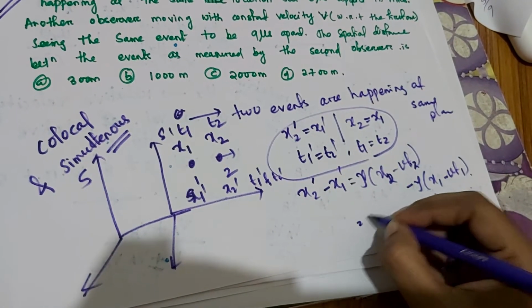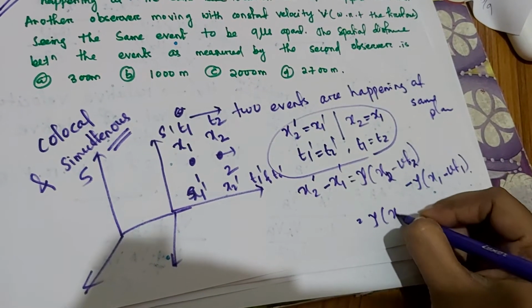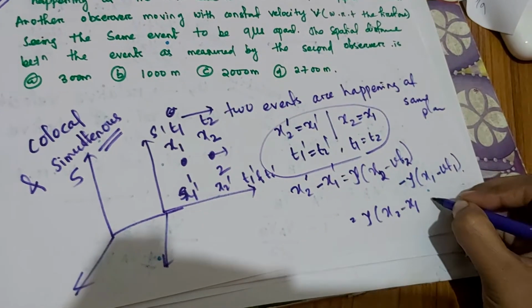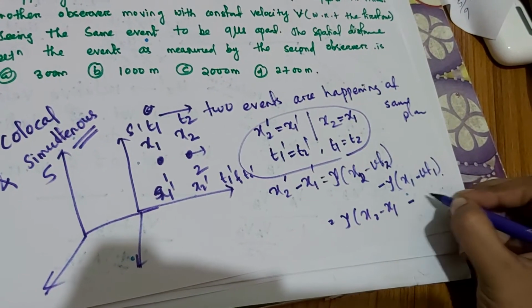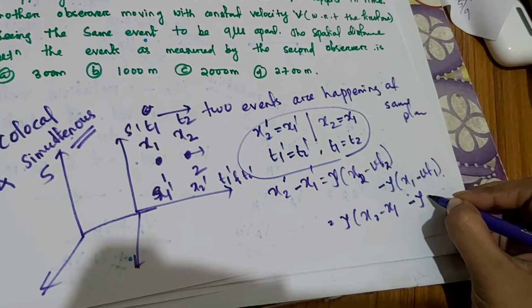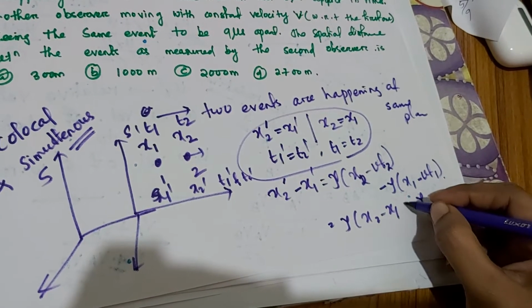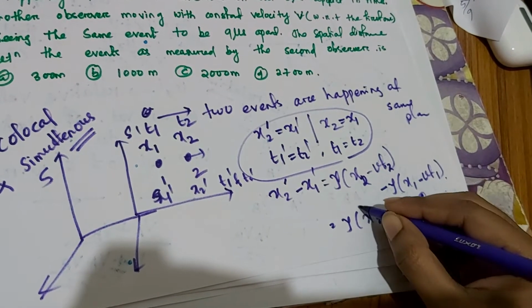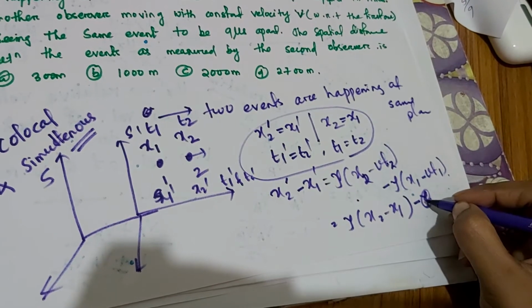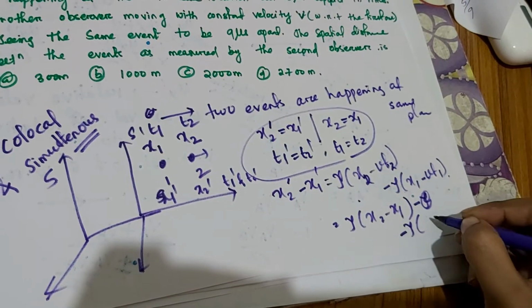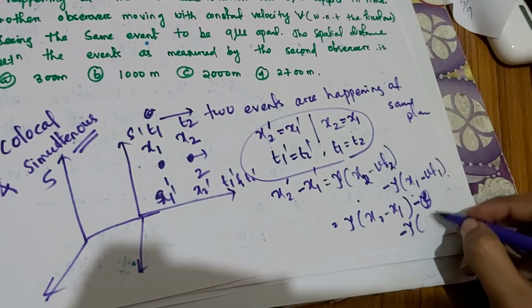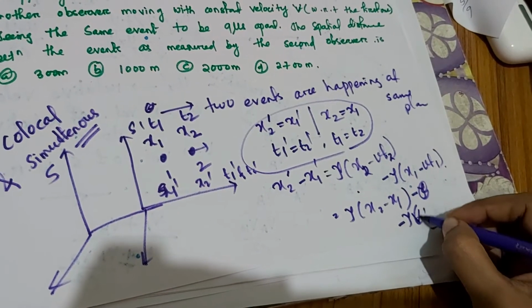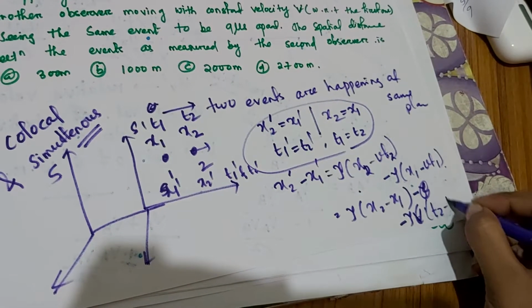So you will get gamma (x2 minus x1) minus gamma v (t2 minus t1).